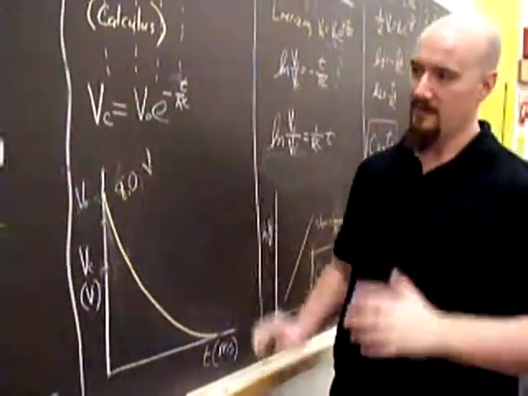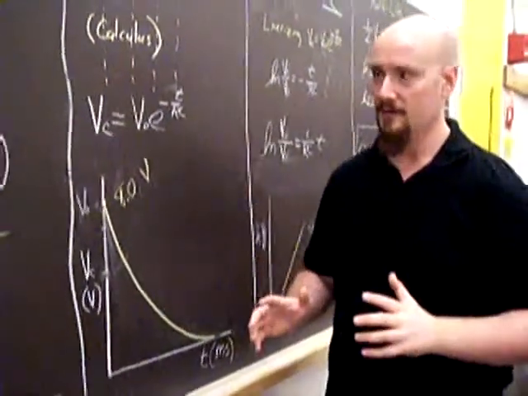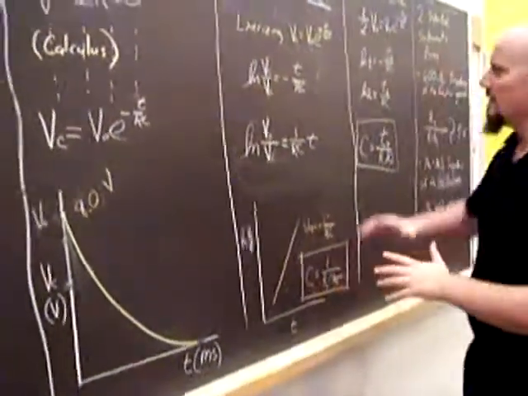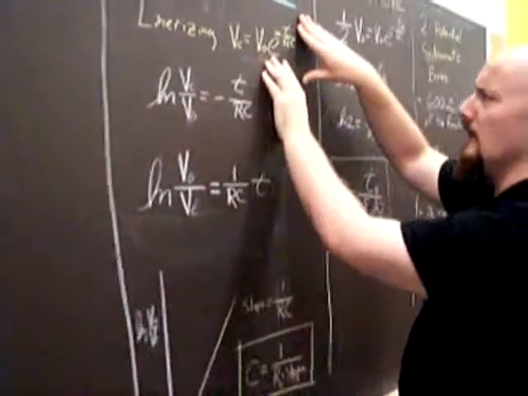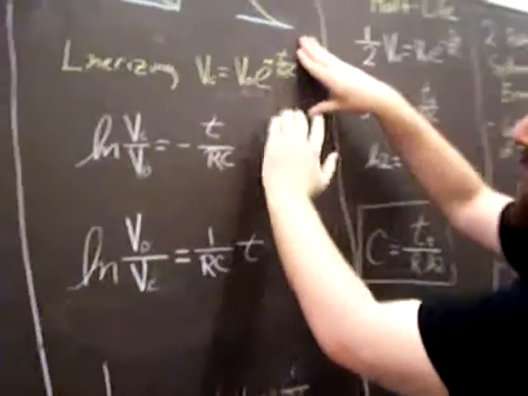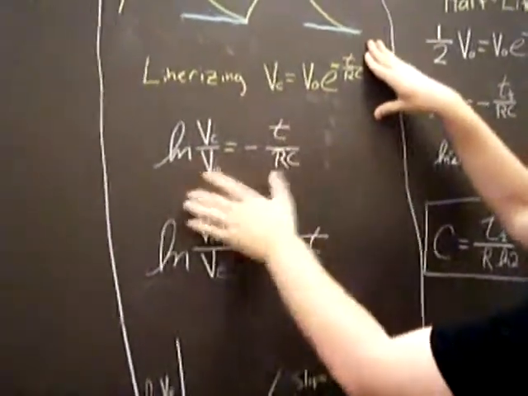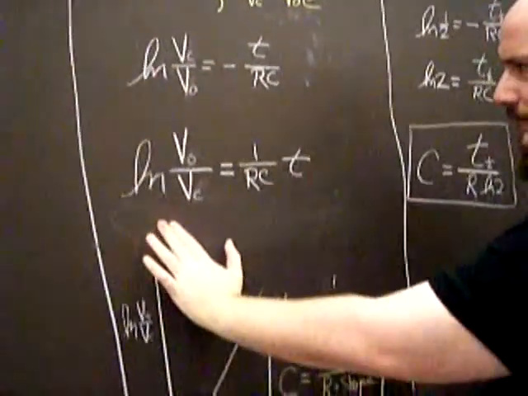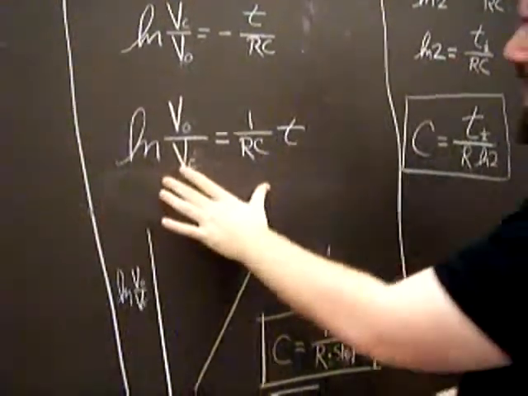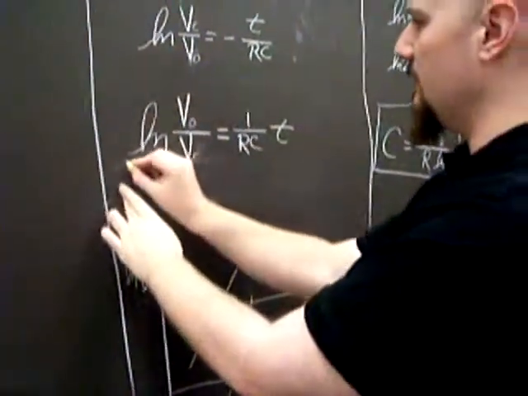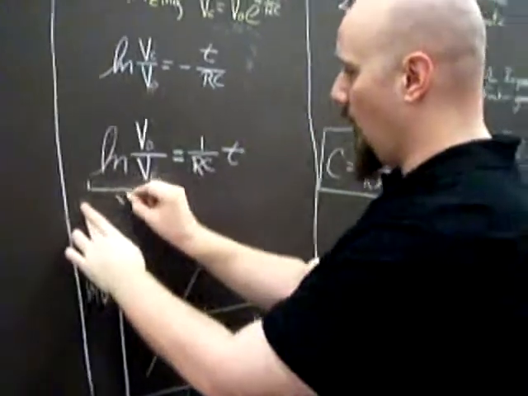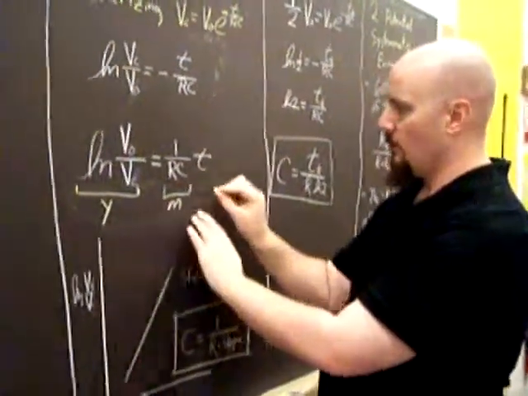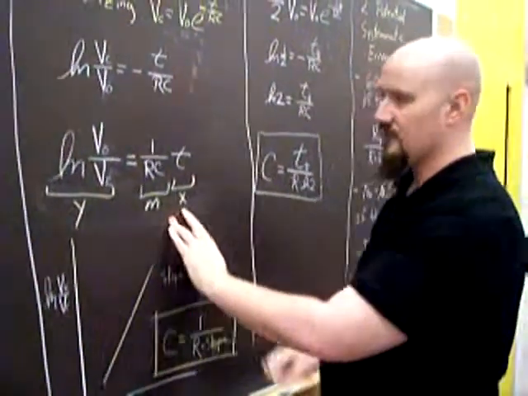All right. This is screaming for us to do a linear regression, so we need to linearize our decay formula. Okay, we know how to do this. Divide both sides by V naught, take the natural log of both sides, do some arithmetic, and we'll get this. This is linearized. So in other words, this is the y, this is the m slope, and this is the x.